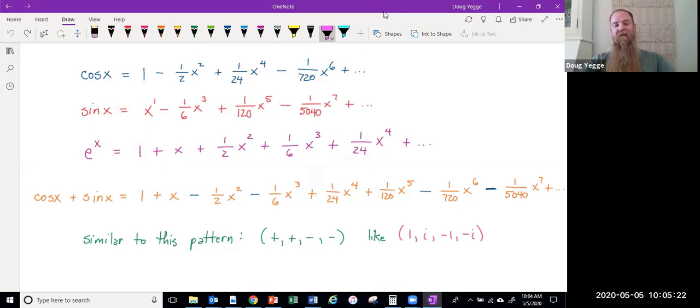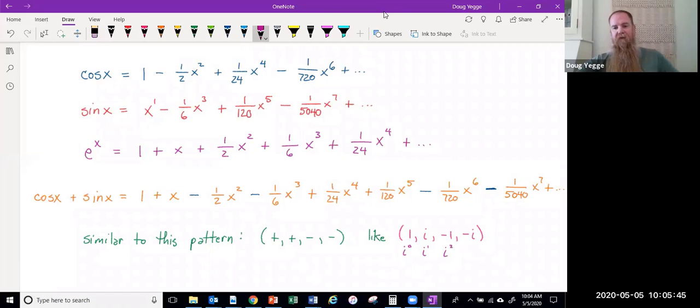And what we left off with yesterday was the fact that when I take i and raise it to different powers, we end up getting a very similar pattern. We should realize that if I take i to the power of 0, i to the 0 is just 1. i to the first power is obviously just i. But what about i squared?